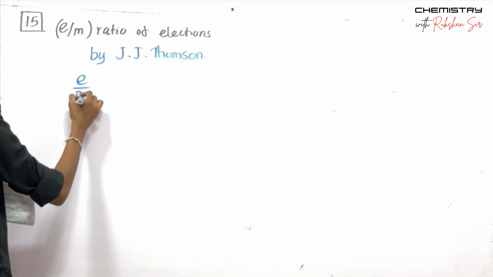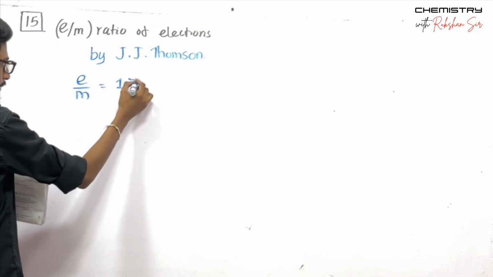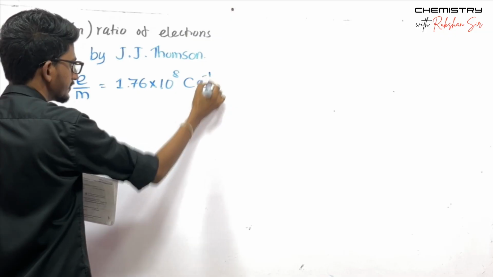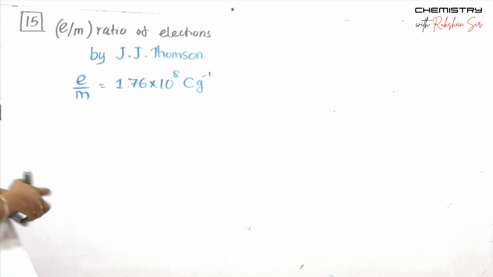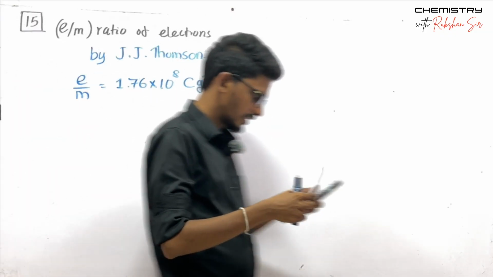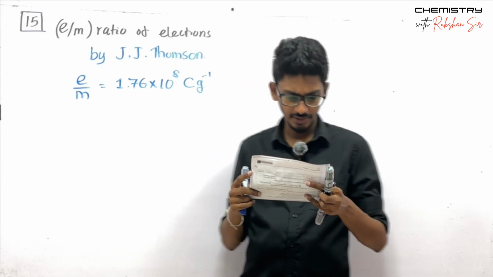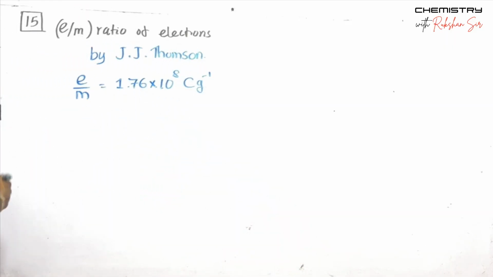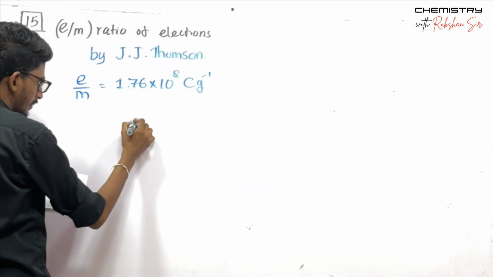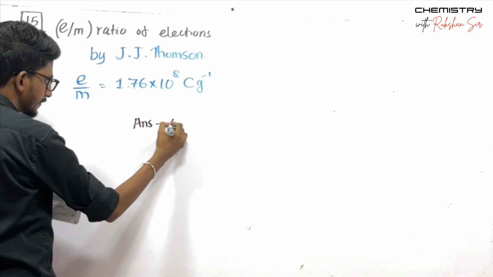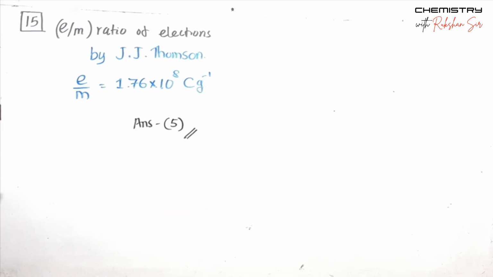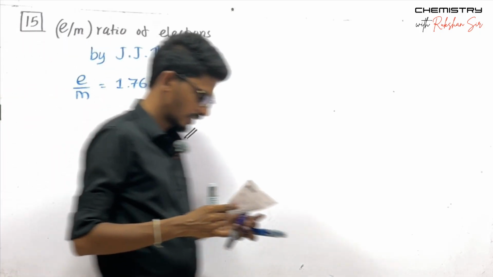That value is 1.76 times 10 to the power 8 coulombs per gram. So Millikan, Crookes, Rutherford, Marsden, none of the above. So answer is answer number 5. The e/m ratio thing.